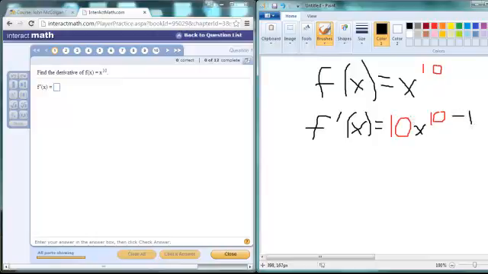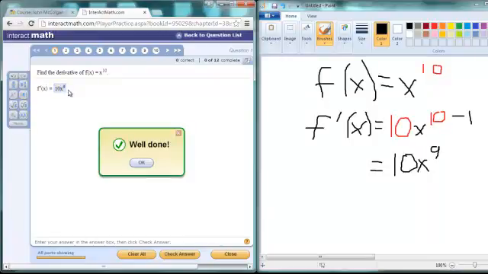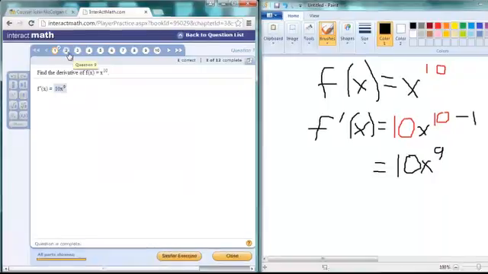Minus 1. And we can simplify this a little bit by just writing that this is equal to 10x to the 9th power. And that's it. That's the using of the power rule. Let's try it out. 10x to the 9th power. Well done. Let's check out another example.